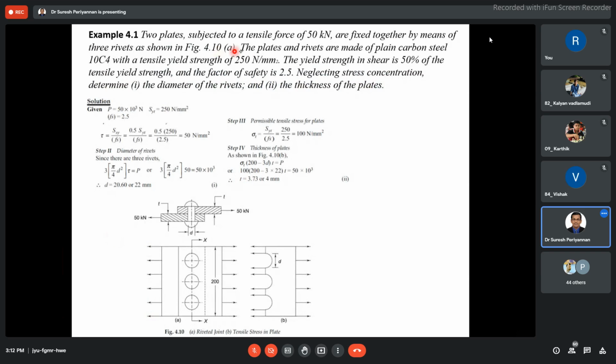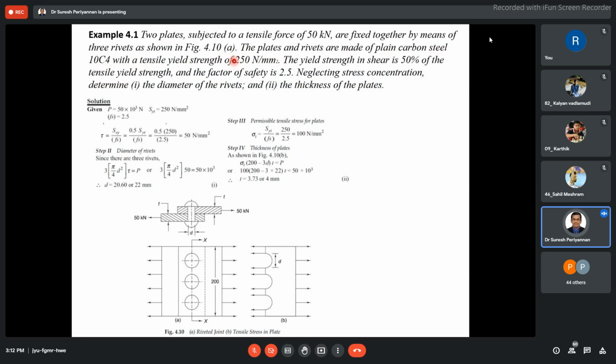The plates and rivets are made of plain carbon steel 10C4. We already discussed what this designation represents, with a tensile yield strength of 250 Newton per mm square, which is nothing but our SYT.